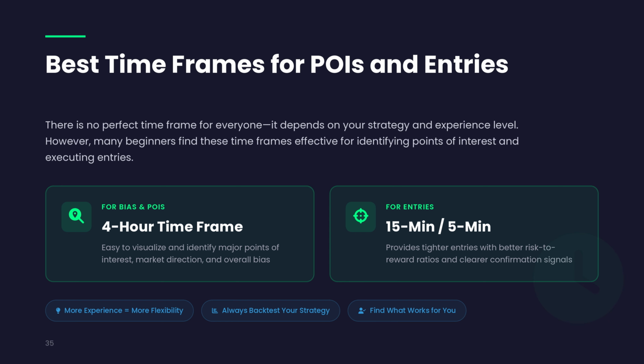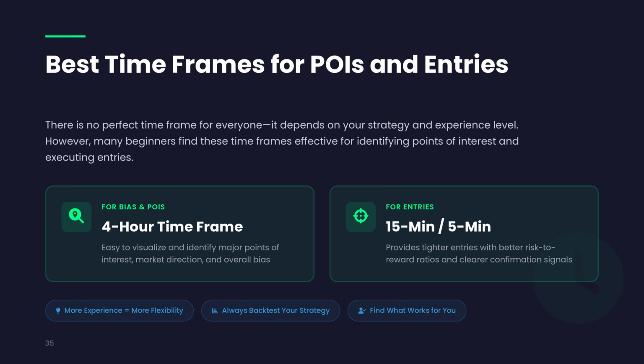On the 4-hour chart, you can clearly see major order blocks, significant fair value gaps, and key supply and demand zones. The structure is obvious. You're not drowning in detail, but you're not so zoomed out that opportunities become rare. For beginners especially, starting with the 4-hour for bias and POI identification is excellent advice.